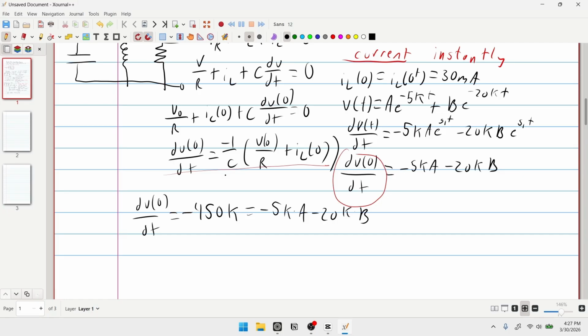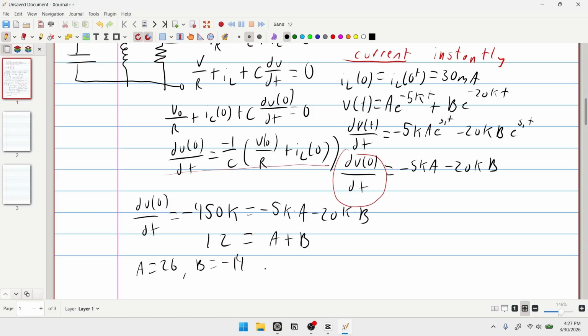All right, and so now we have our second equation. Let's bring down our first equation, which was 12 equals A plus B. Plug the system into our calculator, and then we should get that A equals 26, and B equals negative 14.